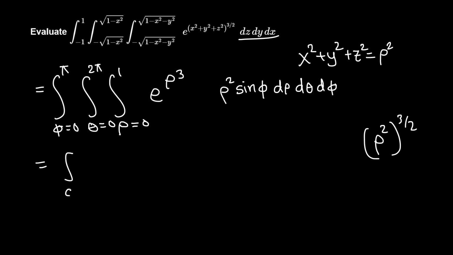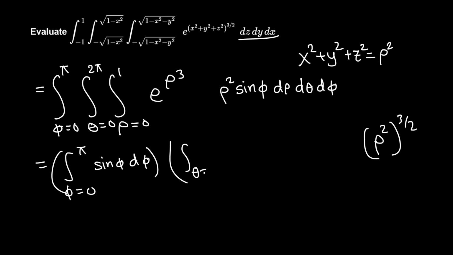For phi from 0 to pi, we can bring this sine phi d phi, and we can work on this because the limits are just number limits. And for theta, from 0 to 2 pi, we don't have anything, just d theta, which means 1 d theta.